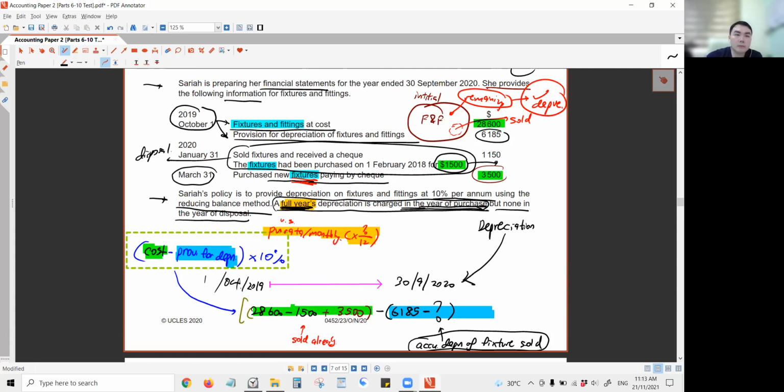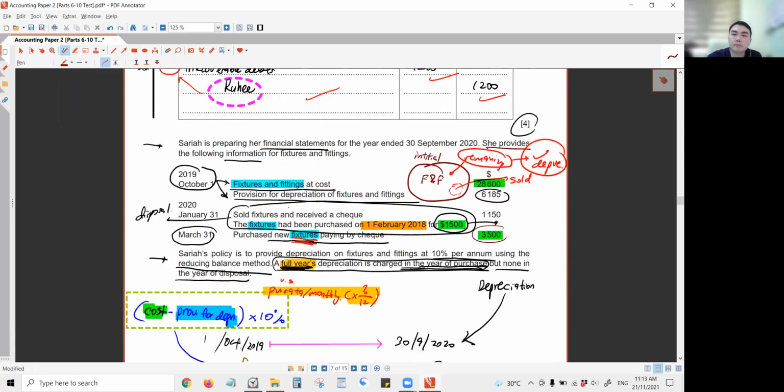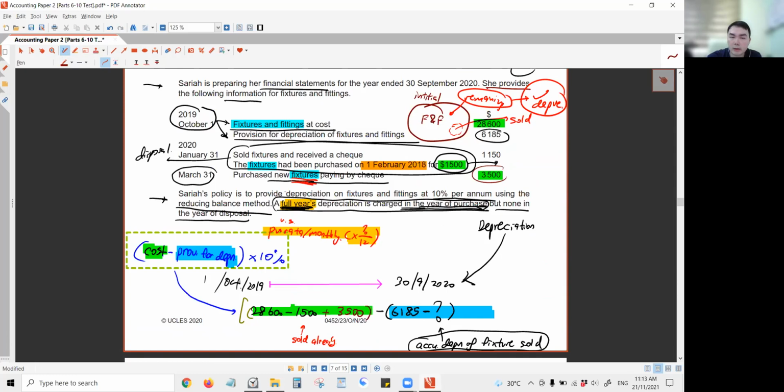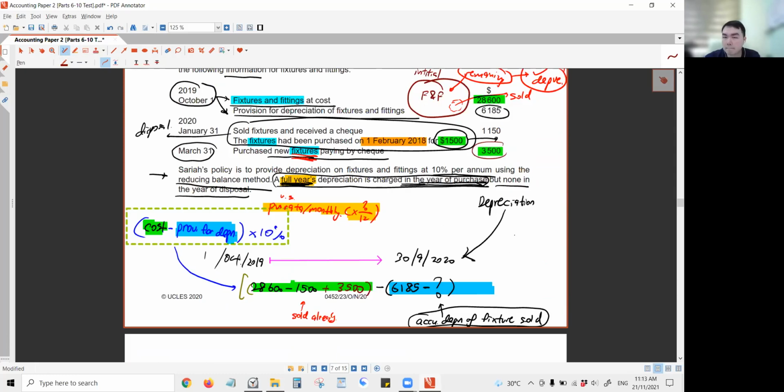You have to calculate it starting from this day, and then all the way to the year you still charge depreciation for it. Let me show you again how to get the 285. I showed you the other day, but let me show again. The one that you sold off in the current year, you have to charge how many years depreciation for it, starting with this day.